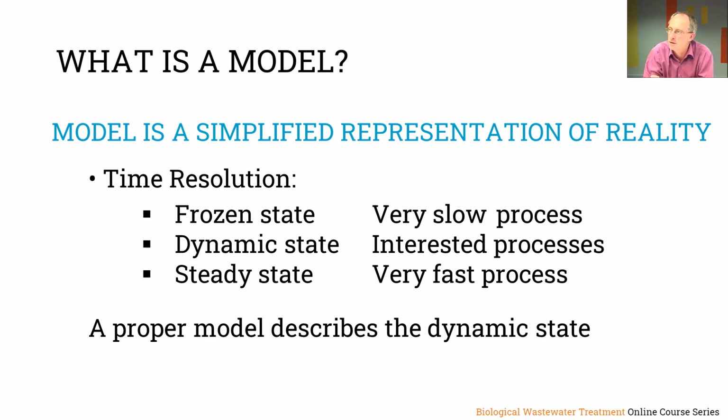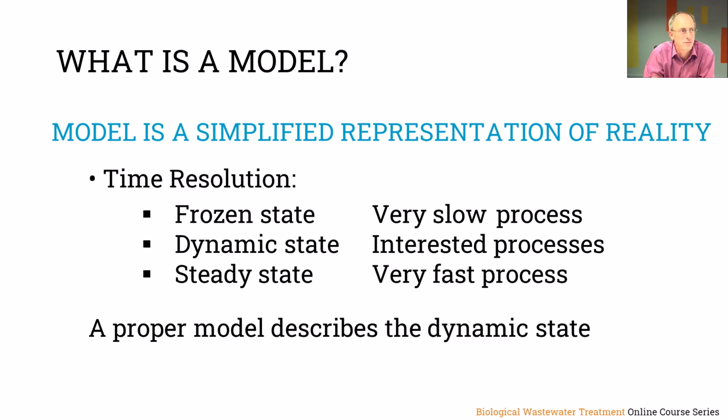But if you talk about chemical equilibrium, so chemical precipitation processes, they will more or less occur instantaneously, in a few seconds even. So these processes you don't need to describe in a dynamic way, because they go so fast that you can assume that they are in equilibrium or fully performed.